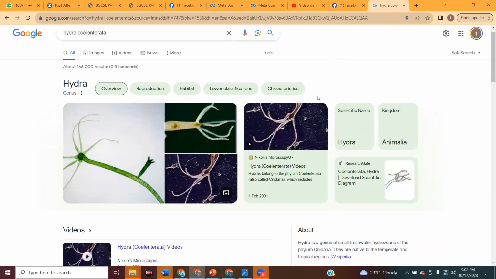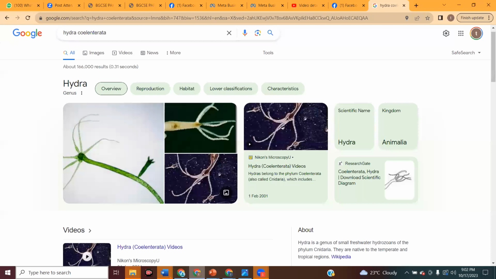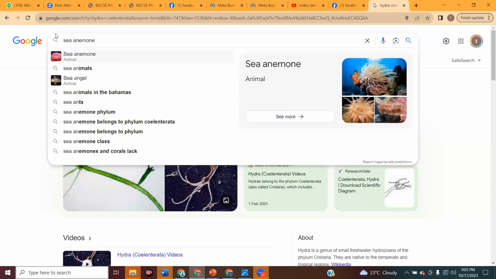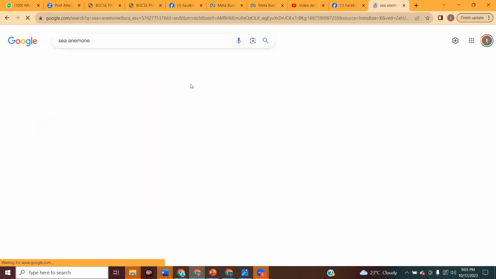And like I said, colenterates have stinging cells, just like how the jellyfish have stinging cells, and even the sea anemone too. They also have stinging cells as well. What is a sea anemone? What? You don't know sea anemone? We just showed the picture. That's the stuff that was on Finding Nemo.